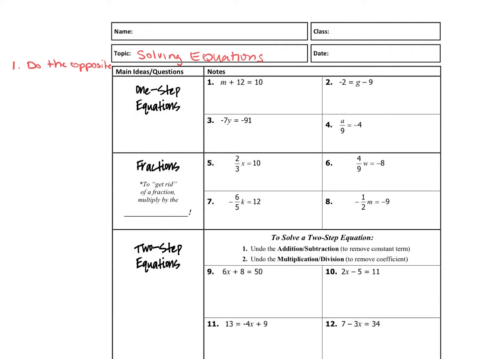If you have multiplication, you want to divide. And if you have division, you want to multiply to get the variable by itself, which is the object. The object of solving equations is to get the variable by itself on one side of the equal sign.